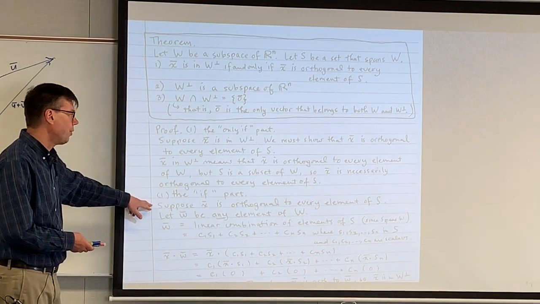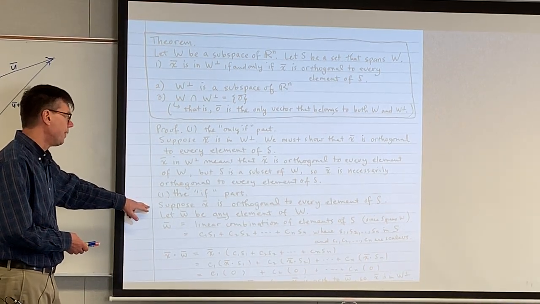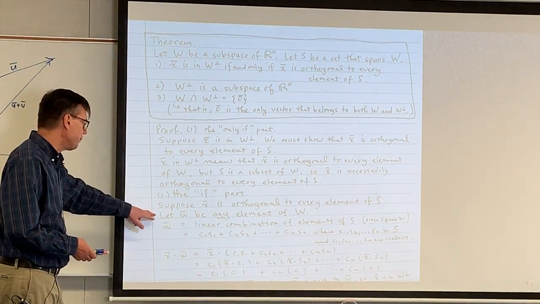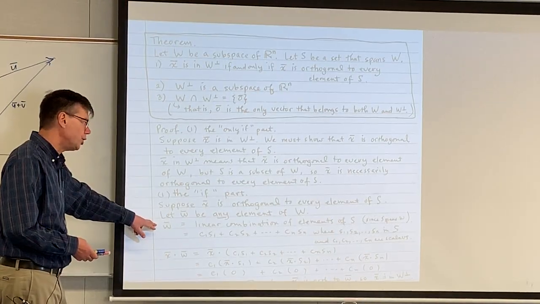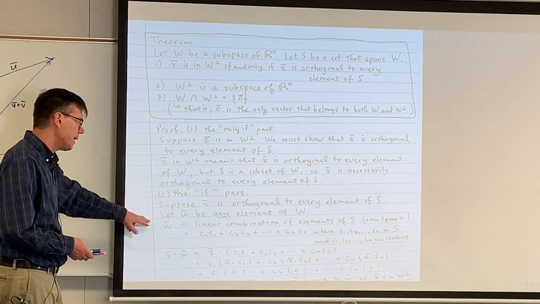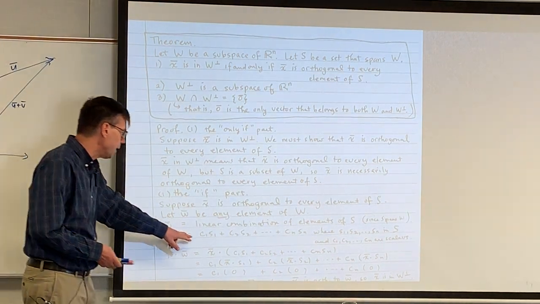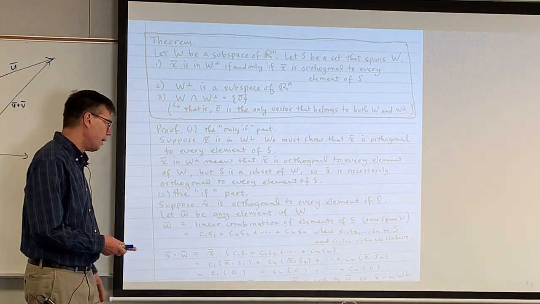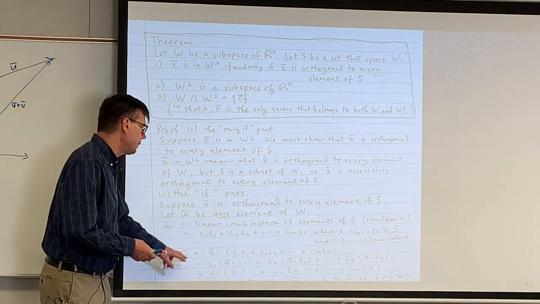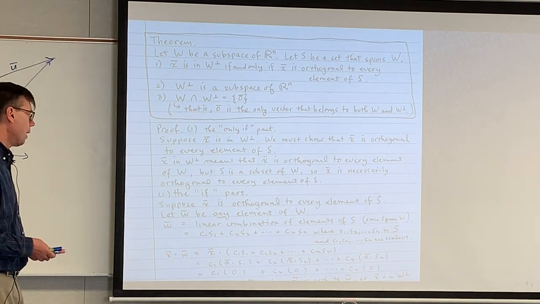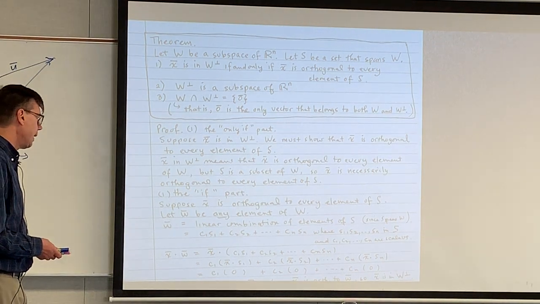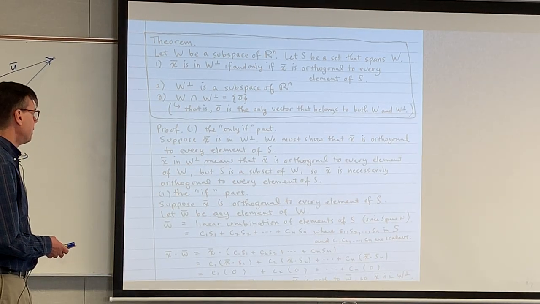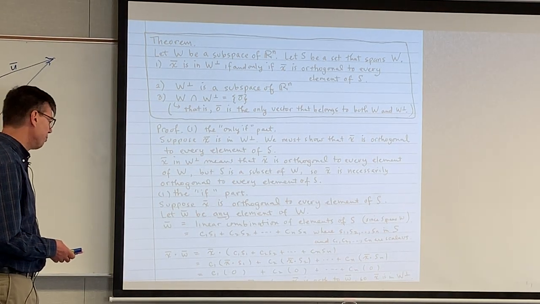If you know X is orthogonal to every element of S, then let W be any element of W. W is a linear combination of elements of S, since S spans W. So any element of W can be expressed in this way. And if you take X dot W, where, what was my X? My X was in W perp.